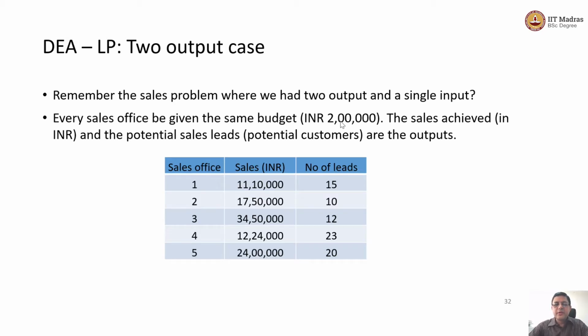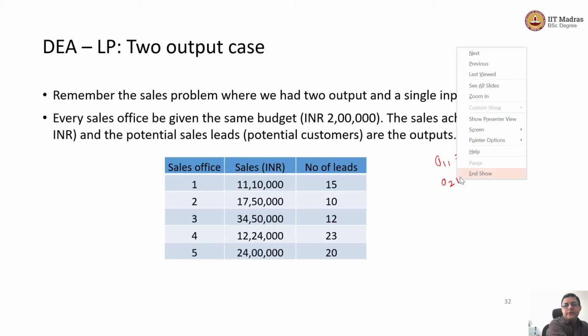First of all, let us understand the O's and I's and the X and Y's, right? How do you interpret the O's and I's? Let us look at this problem as a problem for sales office 1. So what is O11? O11 is the first output for sales office 1. That value is 11 lakhs and 10,000. What is the second output for the first sales office?